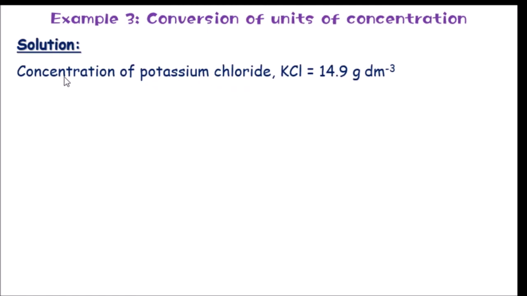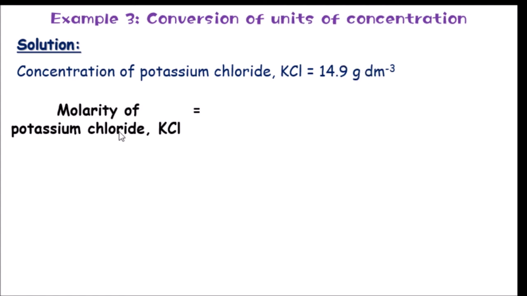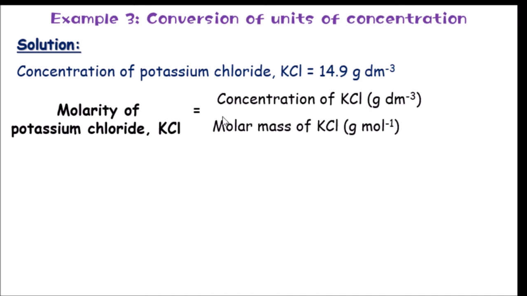So, we are given the concentration of potassium chloride, KCl, is equal to 14.9 gram per dm³. So now we need to find the molarity. If you want to find the molarity, you need to use this formula: concentration of the KCl divided by molar mass of KCl.